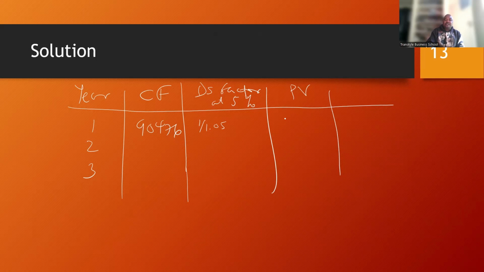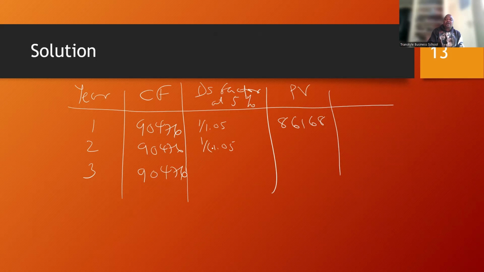It comes to 86,168. All right. We come again to the 90,476. Remember, these are the lease components every year. They will be subjected to discounting.